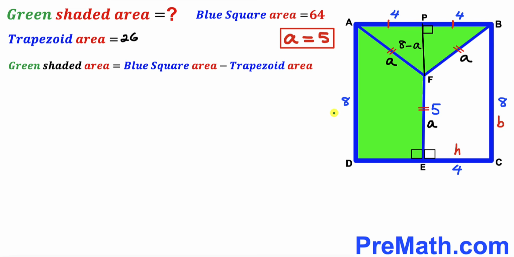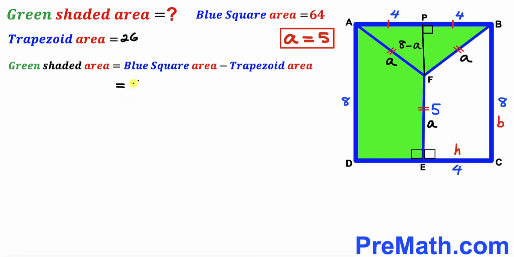And here's our final step. Now we are going to calculate the area of this green shaded region. We know the area of the blue square has been given to us as 64, and the trapezoid area we already figured out as 26. Let's go ahead and fill in the blanks.